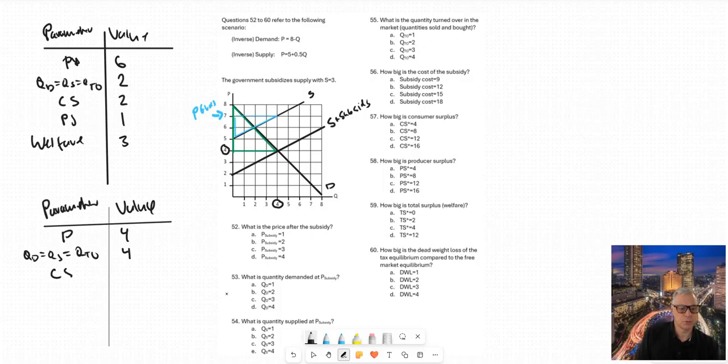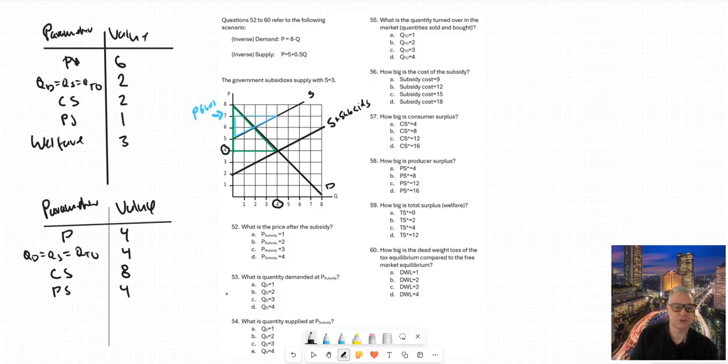So consumer surplus: 4 times 4 is 16, over 2, that's 8. The blue area, producer surplus: 2 times 4, that's 8, over 2, that's 4.